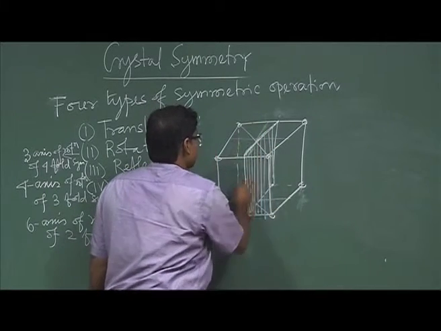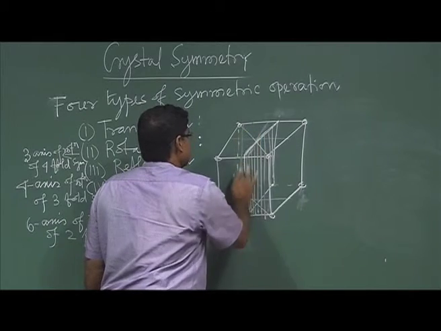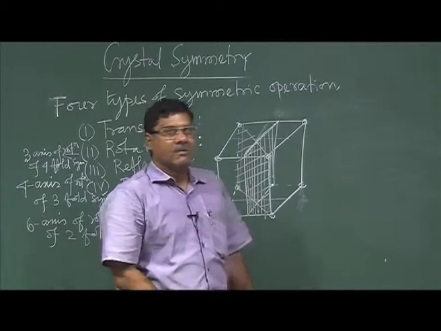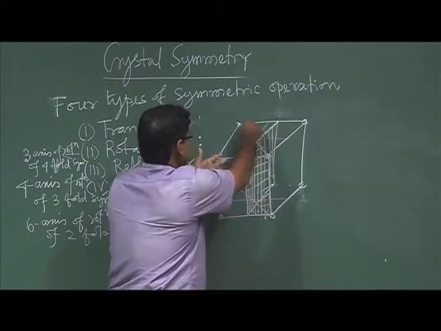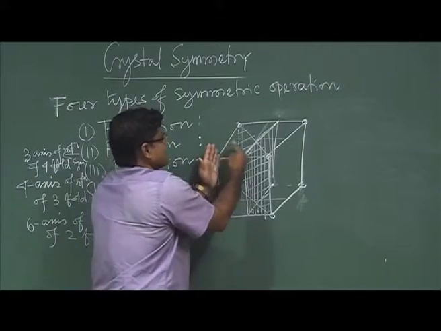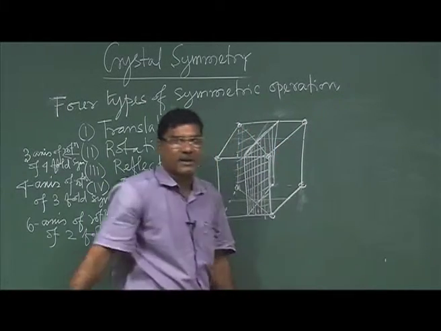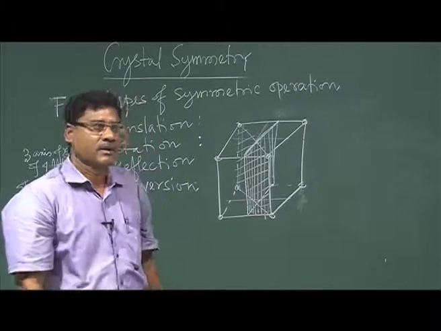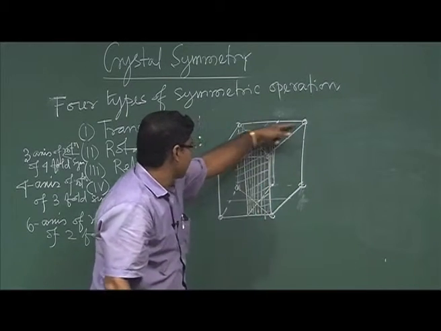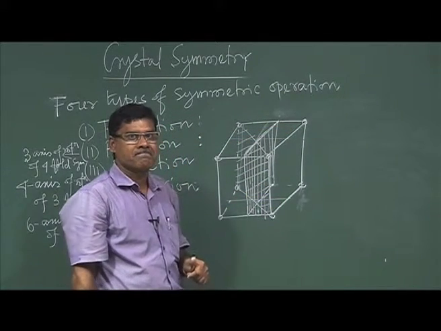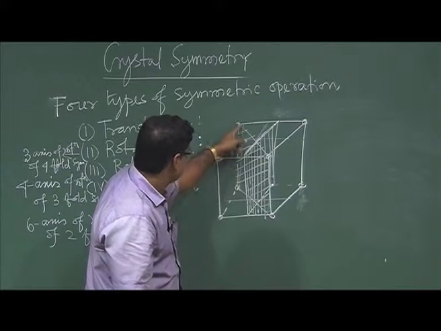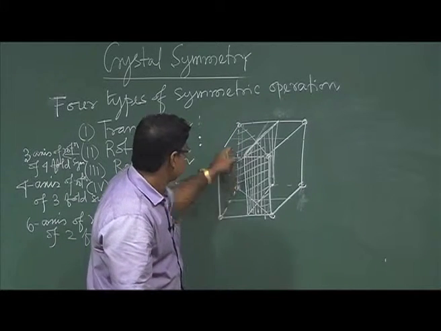And if you take a plane along the diagonal, with respect to this diagonal plane, this side is one half, and the reflected one will be the other half. This is one plane. Similarly, you can draw this other plane, and from here again you can draw this and this.